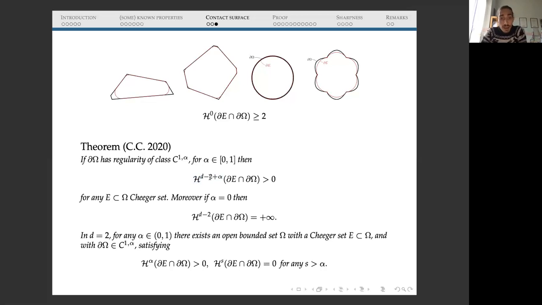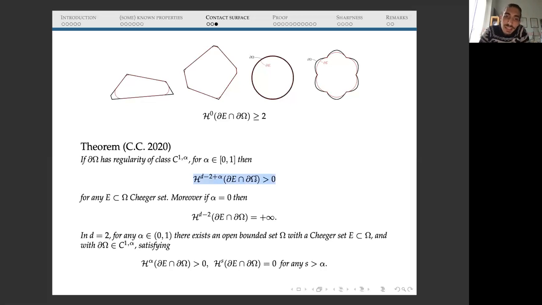The nice thing about Hausdorff measure is that it can also see fractal dimensions, so not integer dimensions. So H^s for s between 0 and 1 makes sense. And indeed, fractal dimensions can be caught by H^s somehow.